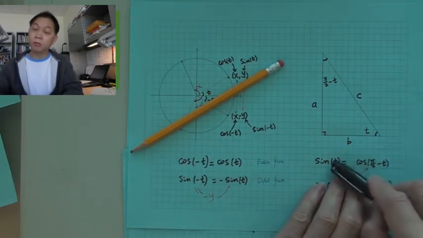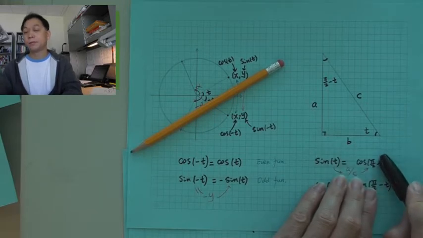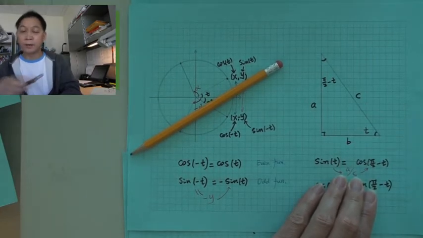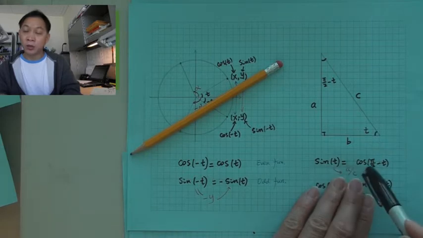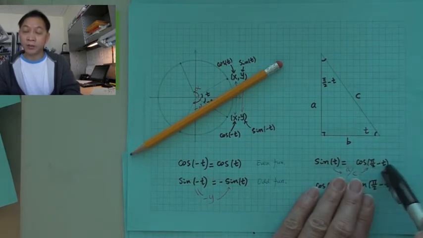So those two are equal. Yeah. So sine T equals cosine pi over 2 minus T.